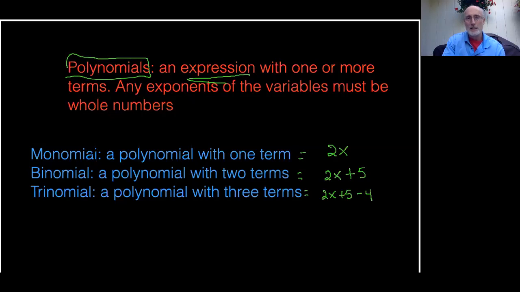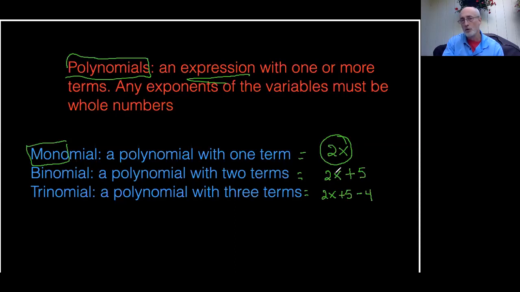But there are a couple different kinds of polynomials. A monomial, this means one, it only has one term, okay? Remember that I said terms, they can be like this, 2x. So that's a monomial. Binomials have 2 terms, so 2x plus, I'm separating it with a plus or minus sign.